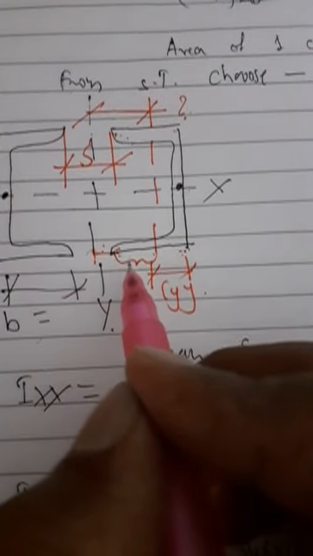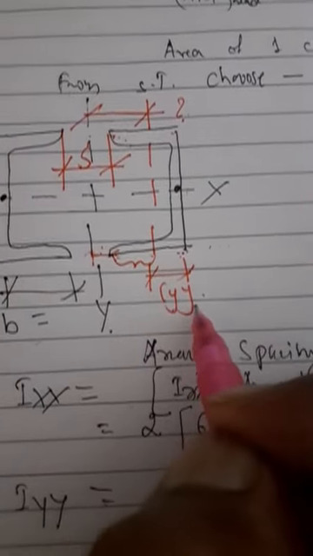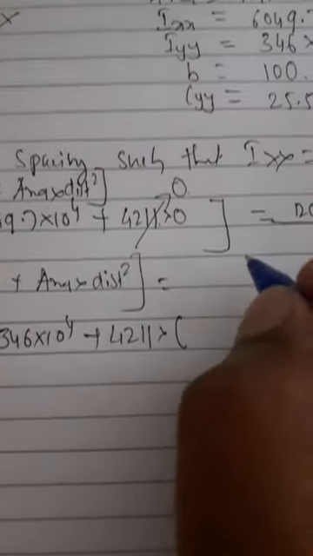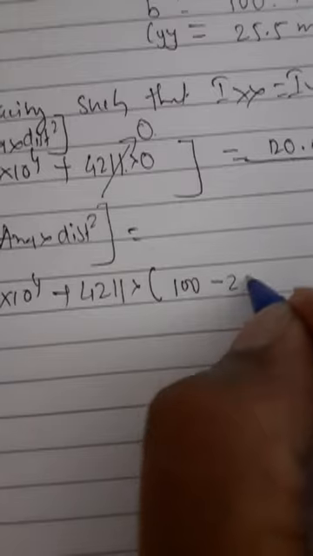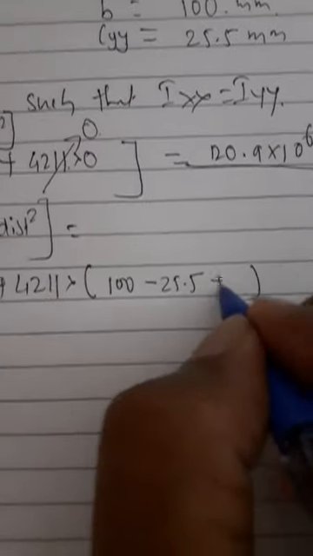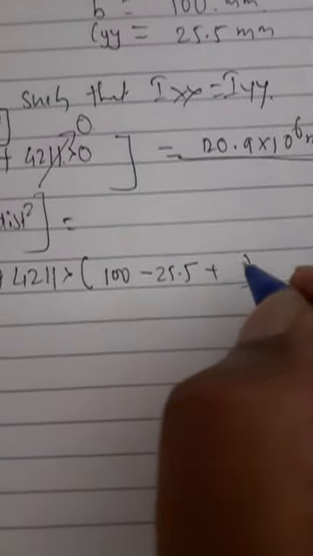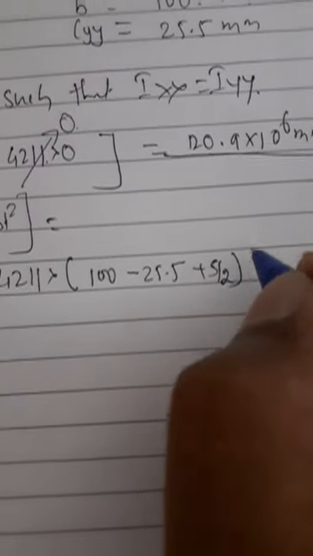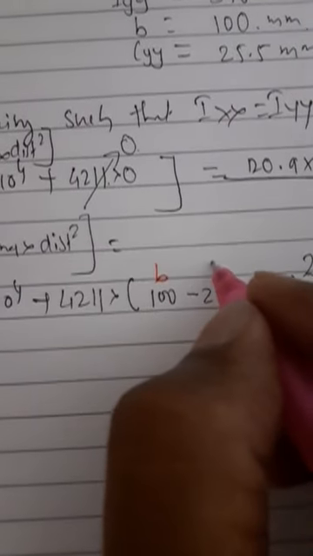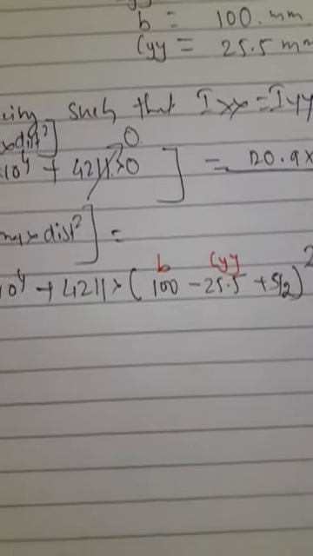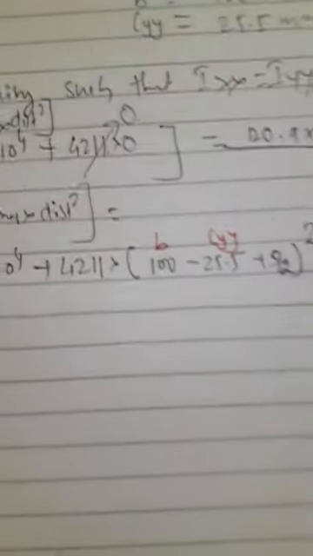So the distance is S by 2 plus B minus CYY, the whole square. So I can write here B minus CYY plus S by 2, bracket square.